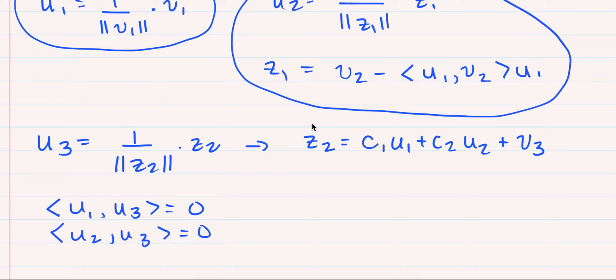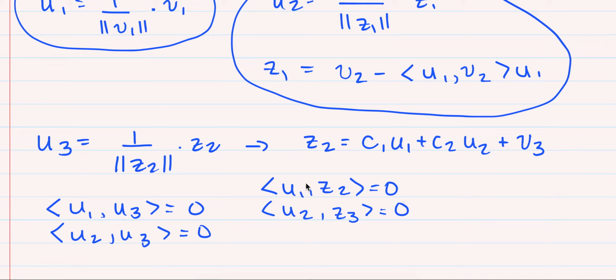So let's take the inner product of u1 with z2, because u3 is just a linear combination of z2, so I can pull that out. I want the inner product of u1 with z2 to be 0, and the inner product of u2 with z3 to be 0.